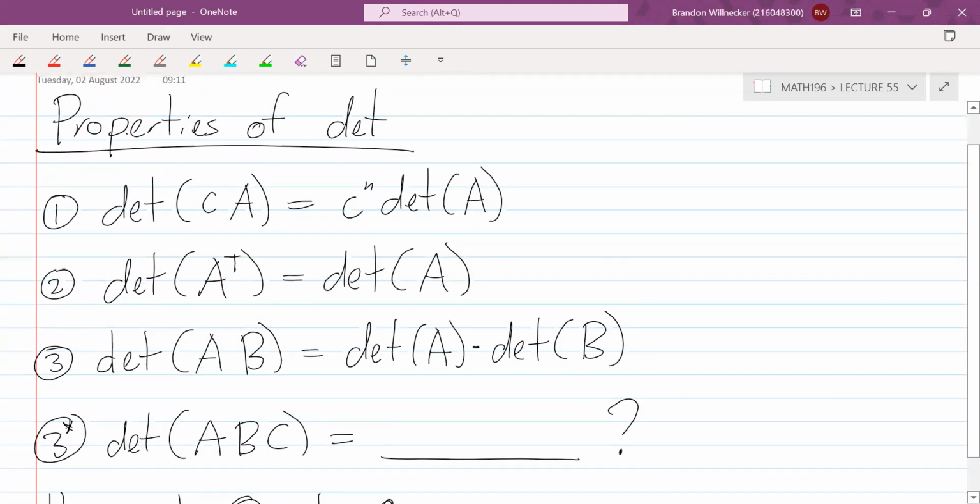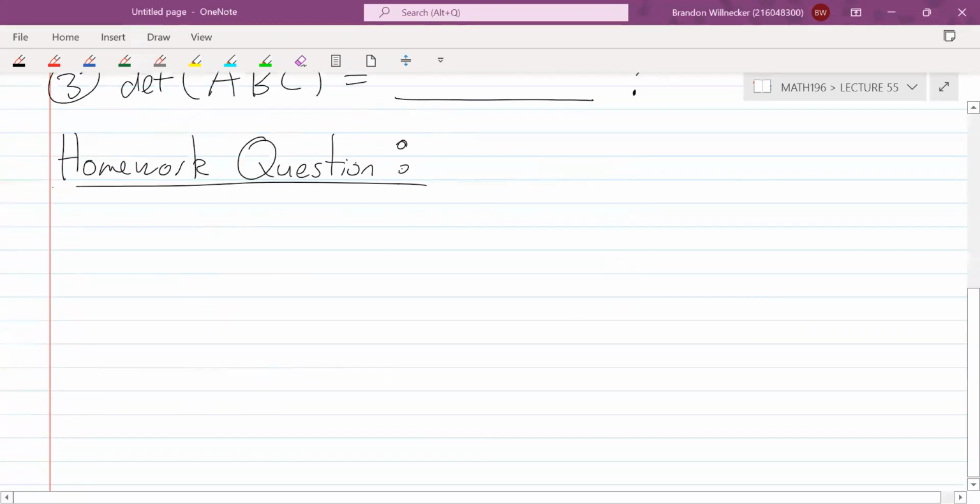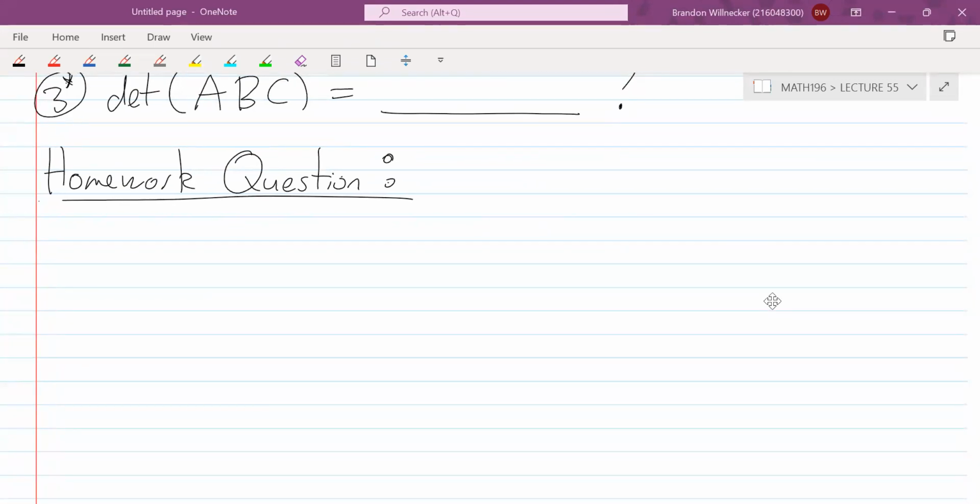Okay, just before we get to the homework, are there any questions about the properties? Okay, let's have a look at the homework then.